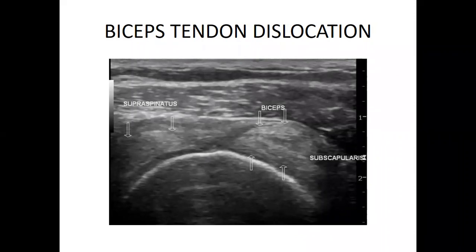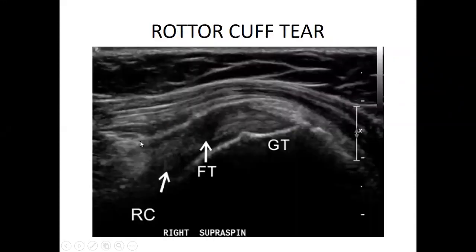This was the subscapularis tendon, and you can see the supraspinatus and its deformities around there. This is the bone cortex. We also have the rotator cuff. I'll discuss the rotator cuff, but here I wanted to show the tear within the rotator cuff. This is within the supraspinatus.